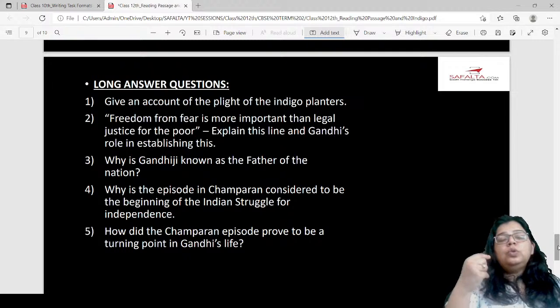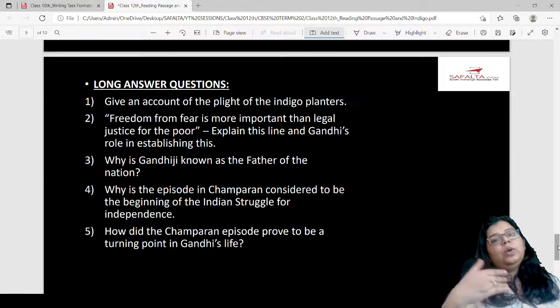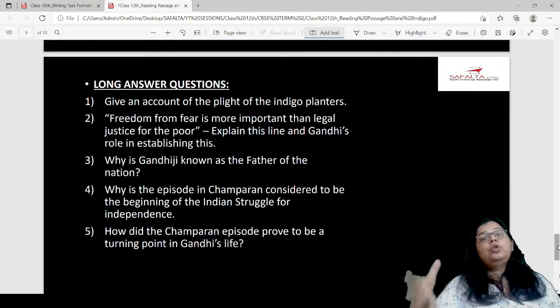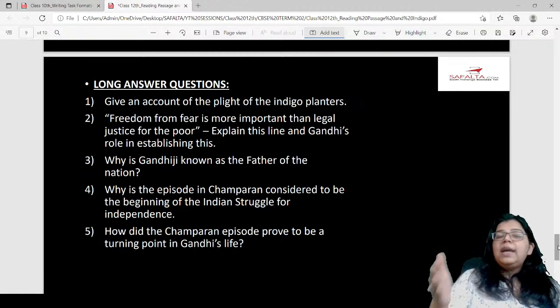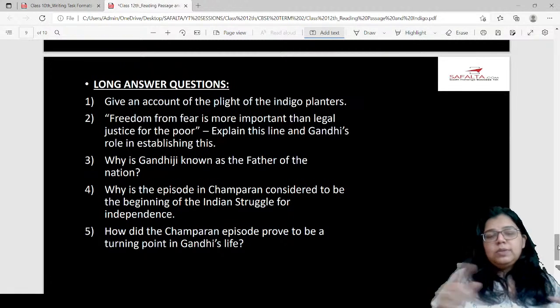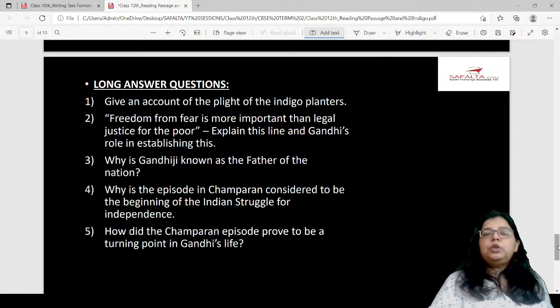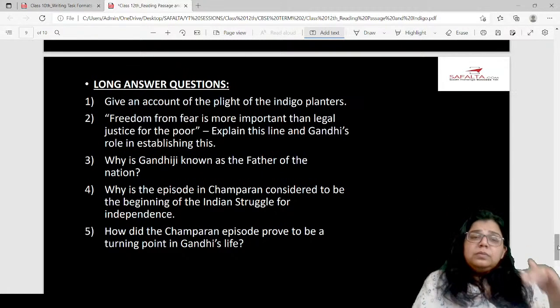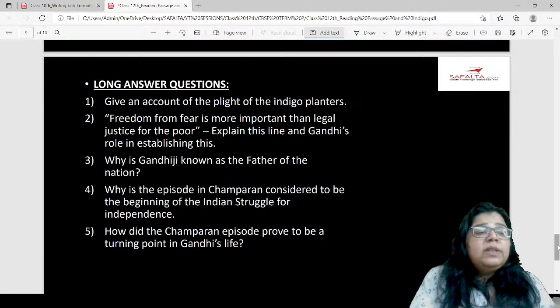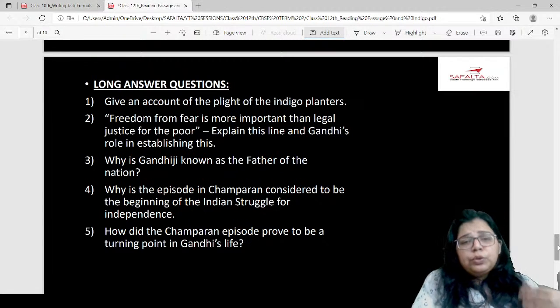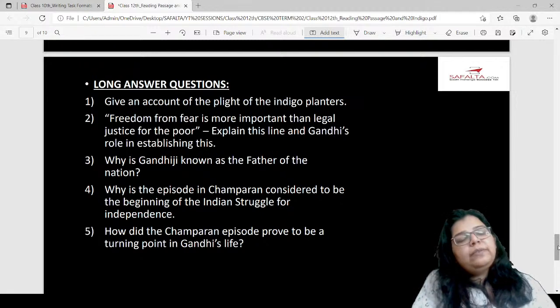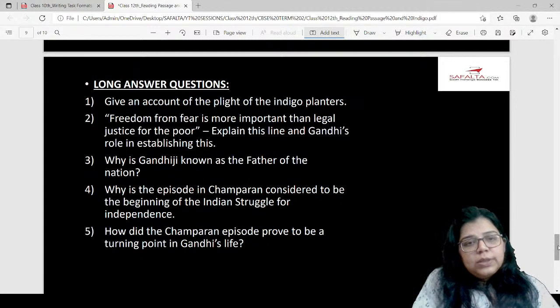And then, to grow indigo, there was a contract with the British landlords, because indigo would give a lot of profit to the British. Whatever they sold in the market after growing indigo, 15% would have to be given to the British landlords again.